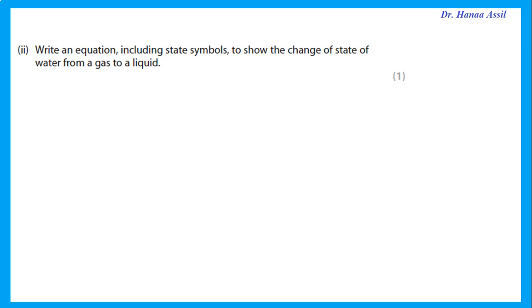So we're talking about water, and you should know water is H2O, from gas to liquid. And that just means I'm starting with water, H2O, in the form of a gas. So remember, the state symbol is g, going to water as a liquid, state symbol l. Of course, this is balanced, so this is the required equation.